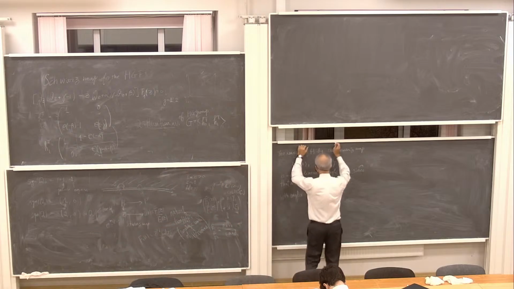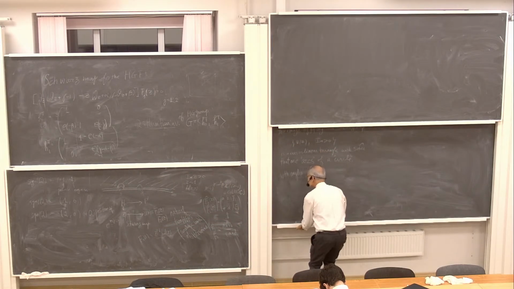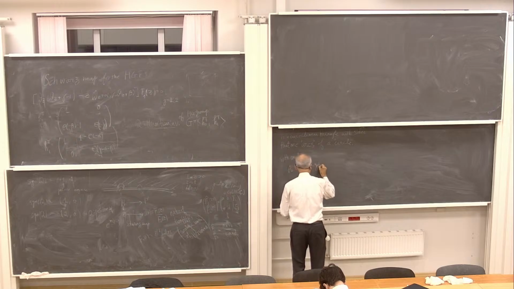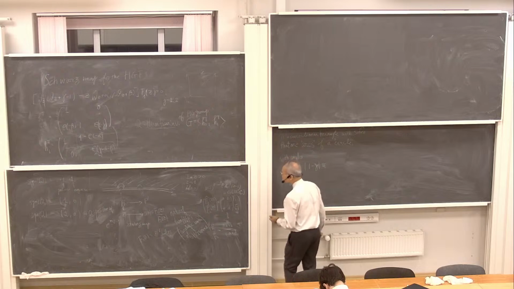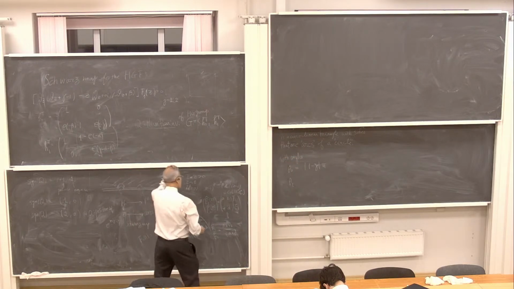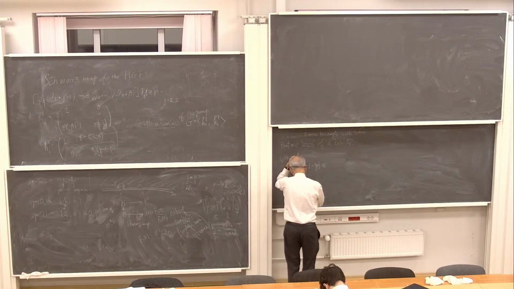Theta. So theta 0, at 0, the angular change must be 1 minus gamma times pi. At 1, it must be gamma minus alpha, meaning beta.